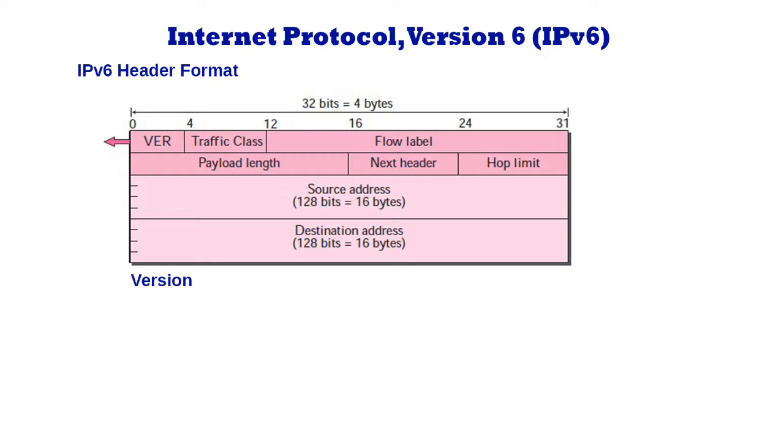Version is a 4-bit Internet Protocol version number and is equal to 6. Traffic class. Traffic class is an 8-bit traffic class field. Flow label is a 20-bit flow label.